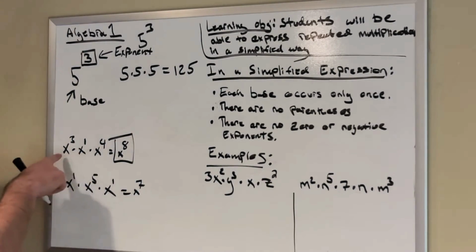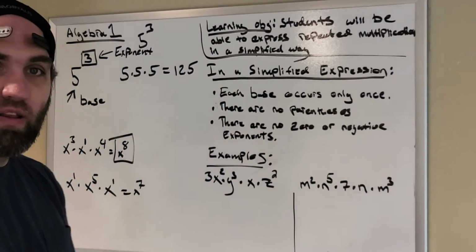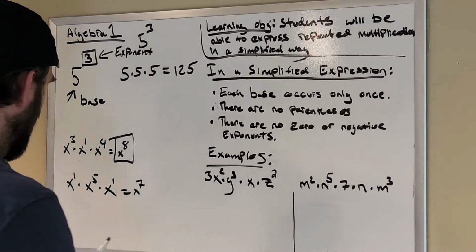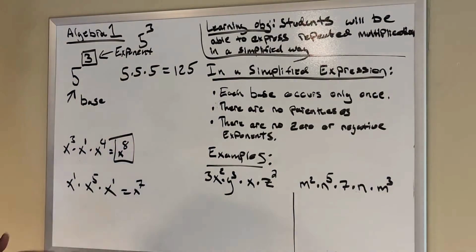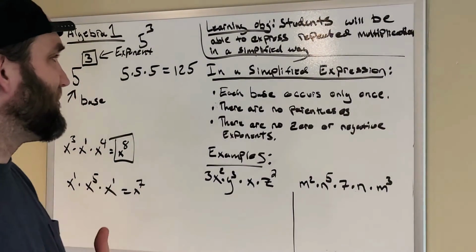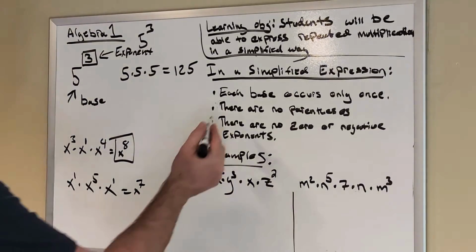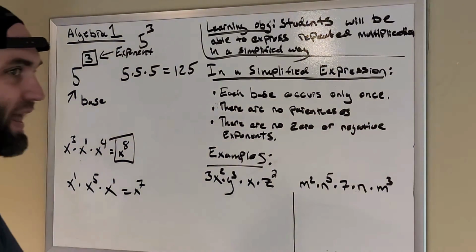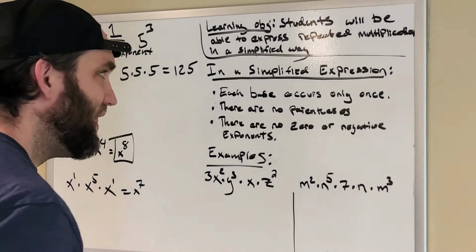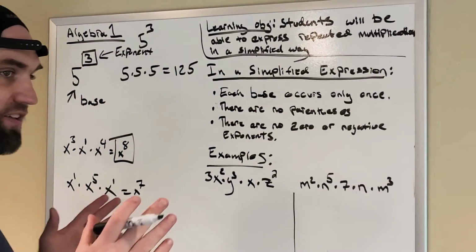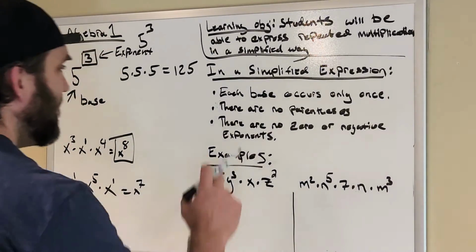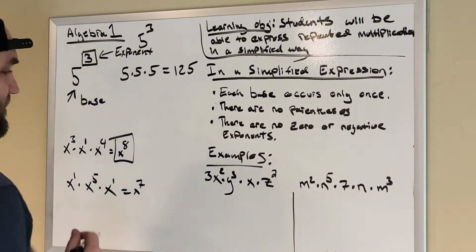If I had any other base in here, I couldn't add that base to that exponent. We're going to see that over here in 1 second. So let's go over what a simplified exponential expression is. Each base occurs only once, meaning that I can't have the base of x in the simplified expression twice, or the base of b in the simplified expression twice. There are no parentheses.